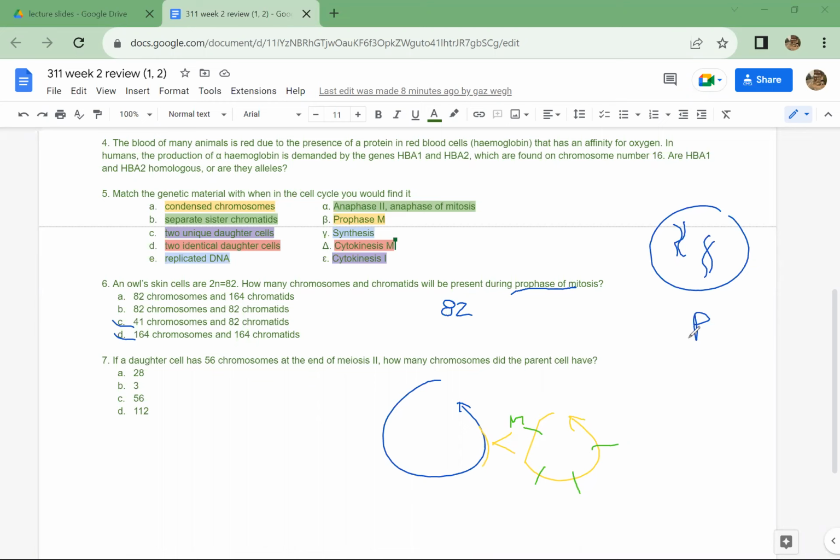So we know that prophase of mitosis obviously occurs in mitosis. And before that, we had the synthesis phase. The synthesis phase is where we previously had chromosomes that were just made up of a single chromatid.